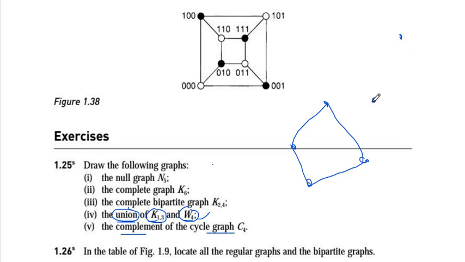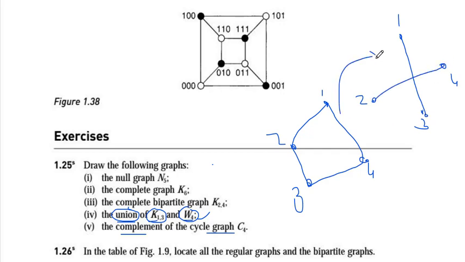Opposite means you have to draw the edges which are not joined in the original graph. So with vertices 1 2 3 and 4, 1 and 2 are connected, so we do not draw that; we draw 1 and 3, and 2 and 4. So this is the complement of the cycle graph.